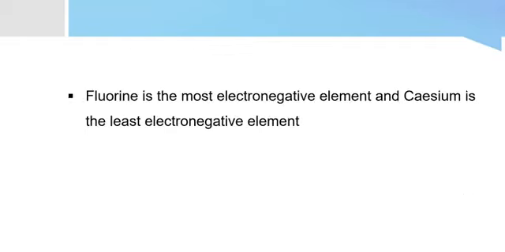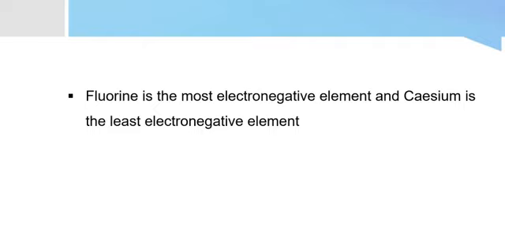Fluorine is the most electronegative element because in the second period it has the highest nuclear charge, and in comparison to other periods it also has the least number of shells. So both these factors are in favor for fluorine to accept an electron easily. Cesium will be the least electronegative because it has more number of shells, and in the same period it has the least nuclear charge.